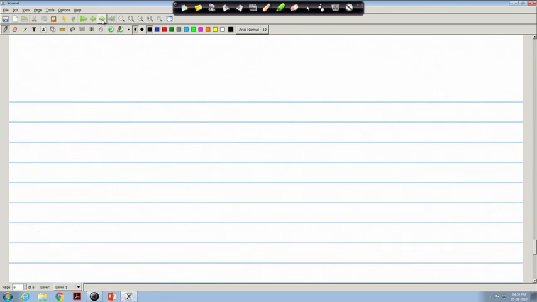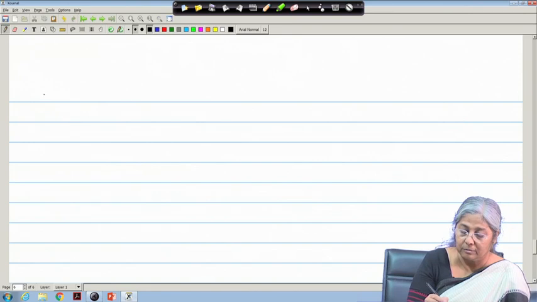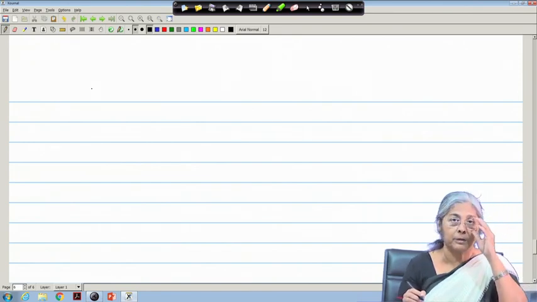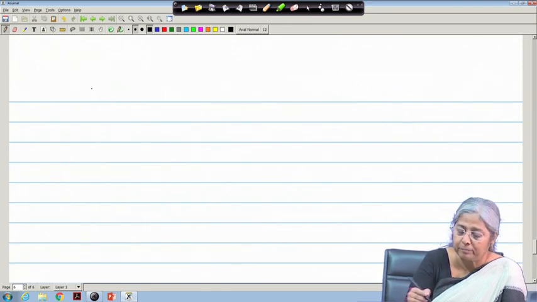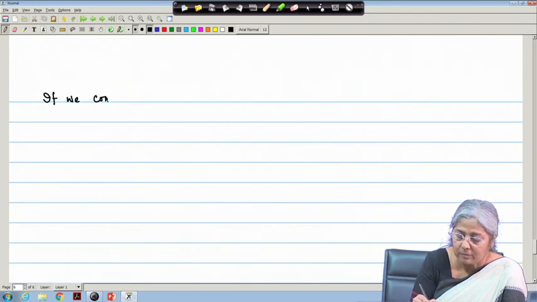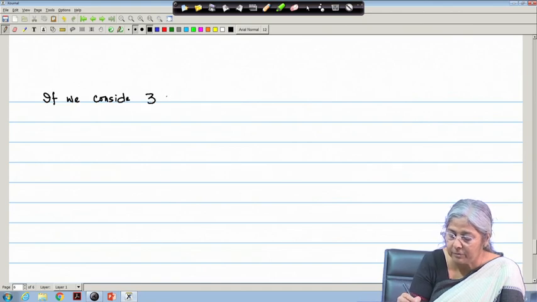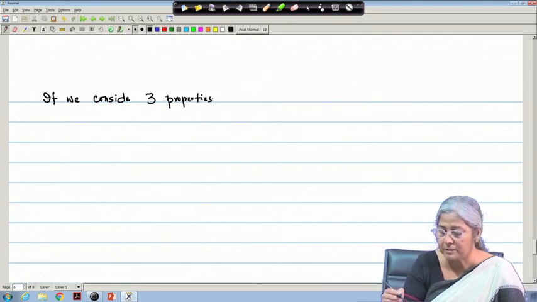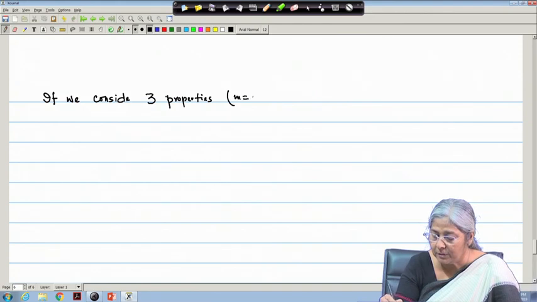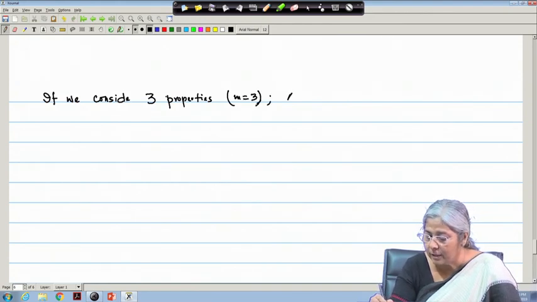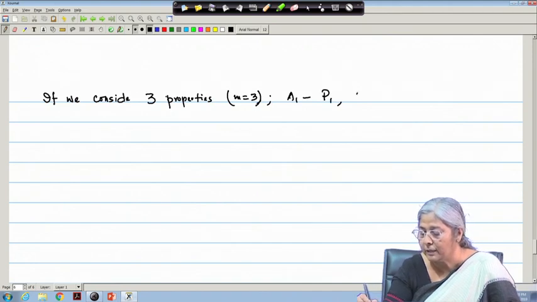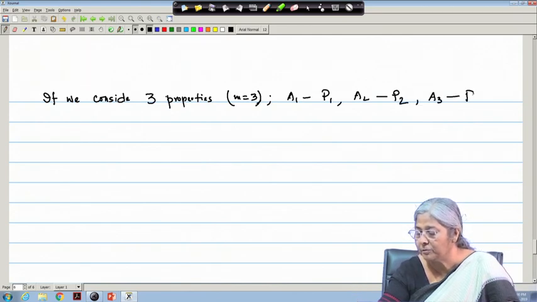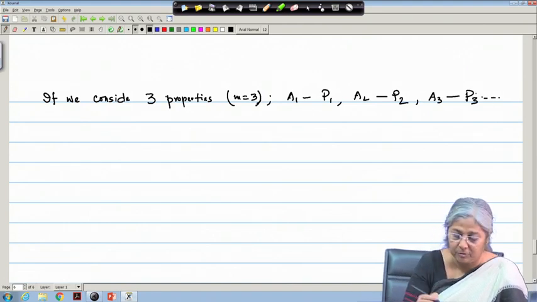Now, if we see that for m equal to 3, that means if we consider only 3 properties, that means there are 3 subsets, that is m equal to 3, and say A1 set having property P1, A2 subset having property P2, A3 having property P3, and only 3 I am considering.